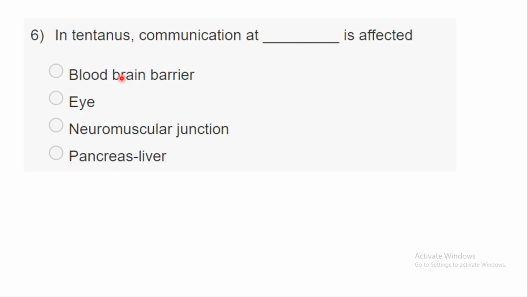Everybody is unanimously saying C. Neerav, Anuradha, John, Manikant, Avinash, Aishwarya, Tanuj, Roshan, Vishnu, Gaurav, Chitranjali, everybody is saying C. If you are all saying C, then it must be C. So C is the correct answer. In tetanus, communication at the neuromuscular junction is affected. So you are all correct. You must have also taken the tetanus injection.